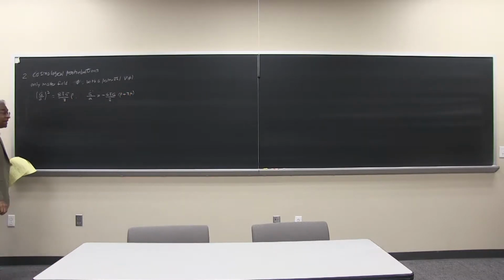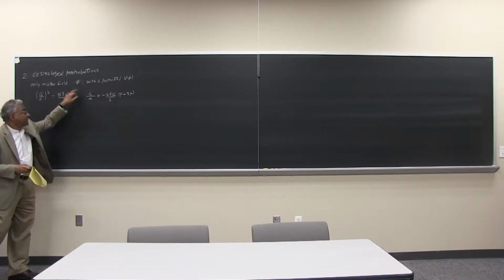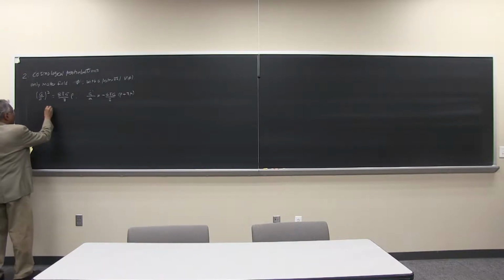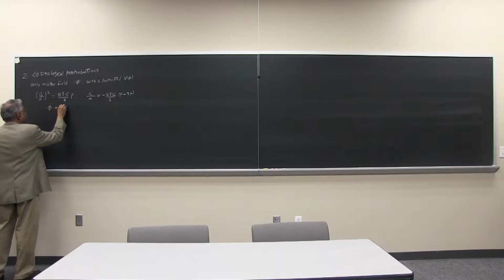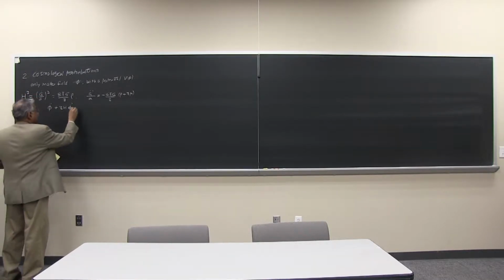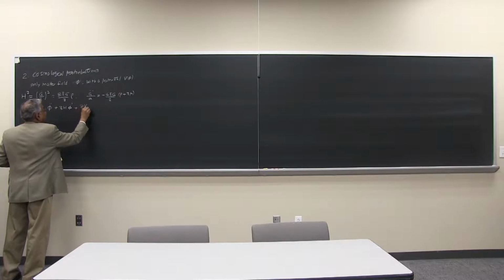And finally, the equation for the scalar field, using homogeneity and isotropy, so it only depends on the time variable: phi double dot plus 3H phi dot, where H is just A dot over A, equals minus dV by d phi.